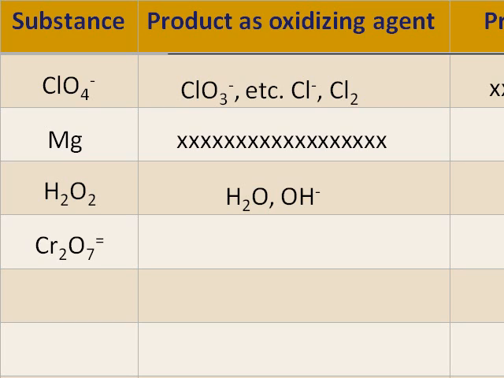At +6, can it gain electrons? And the answer is yes, it can. And it can form things like the chromic ion, the chromous ion, or chromium in the elemental state. Well, can chromium at a +6 lose electrons? And you will say, not that I know of.